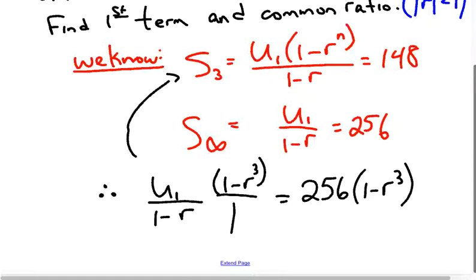Because what I can do in this equation is multiply both sides by 1 minus r to the third, as long as I do the same thing to both sides.